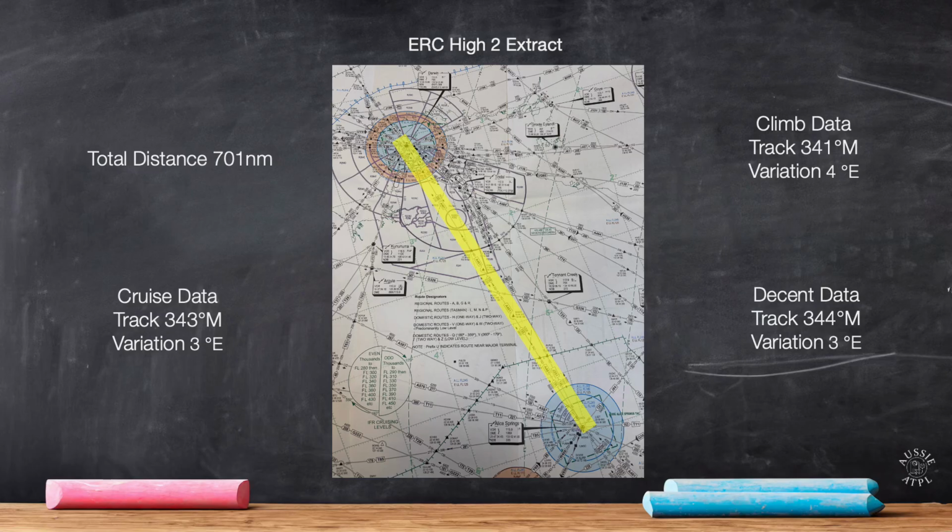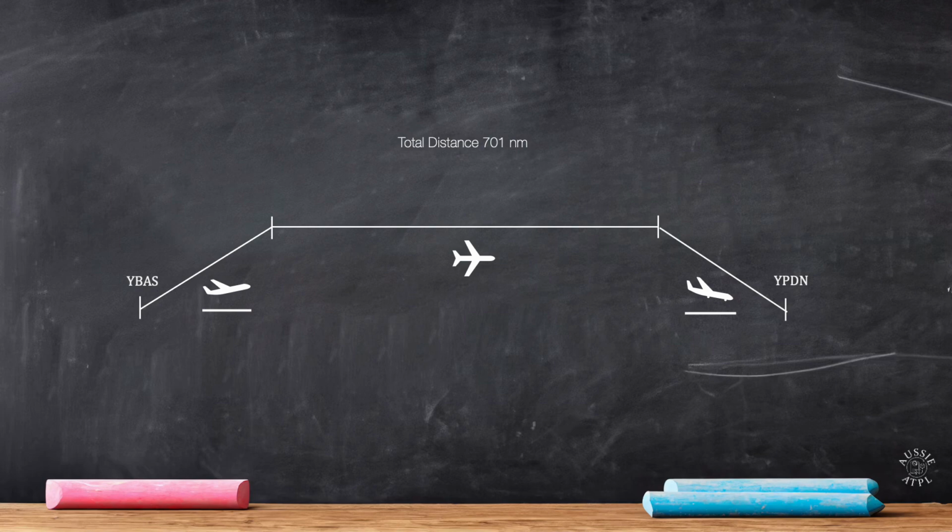So now we'll go and check out how we're going to set out our working out for a question like this. So this is how I suggest laying out a question, regular flight plan just like this one. So we've got our departure on the left, flies all the way across to our destination on the right.